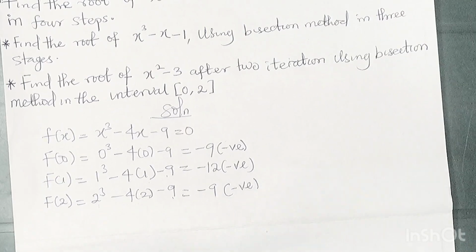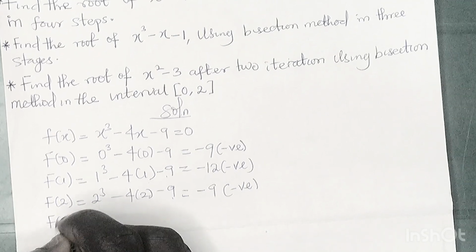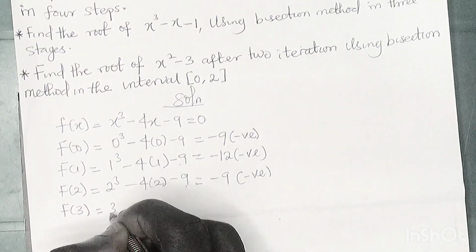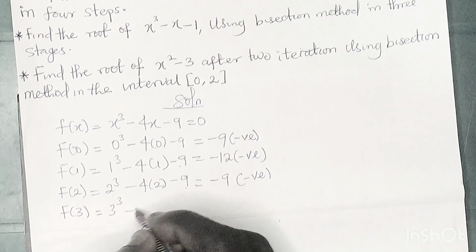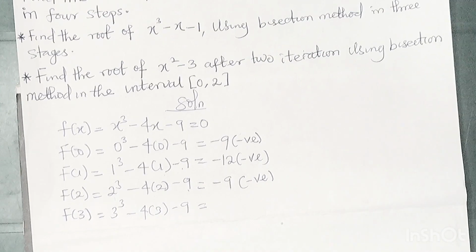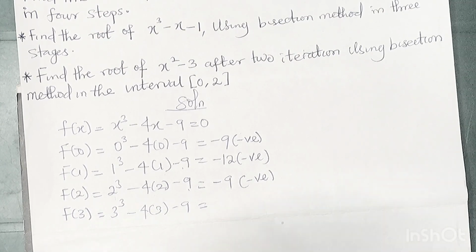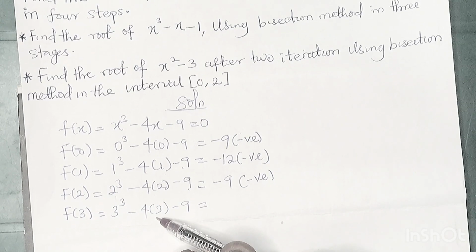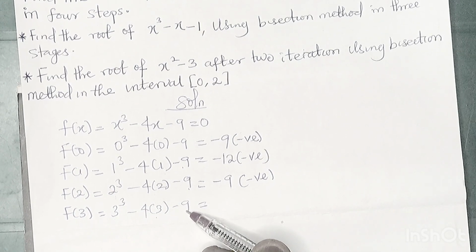So moving on to f of 3. F of 3 will now be 3 raised to power 3 minus 4 into 3 minus 9. Now this one is going to give us a positive number, because this will give us 27, this will give us minus 12, and this will give us minus 9.